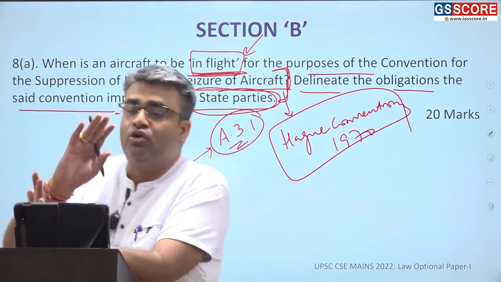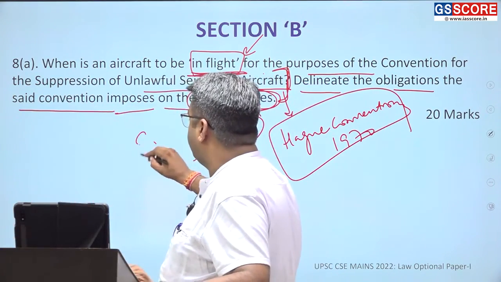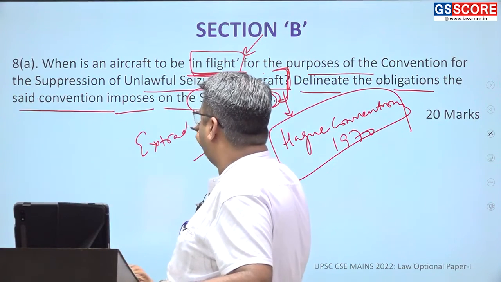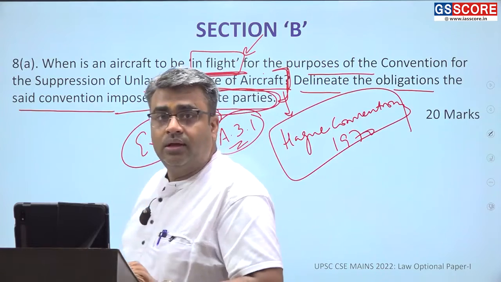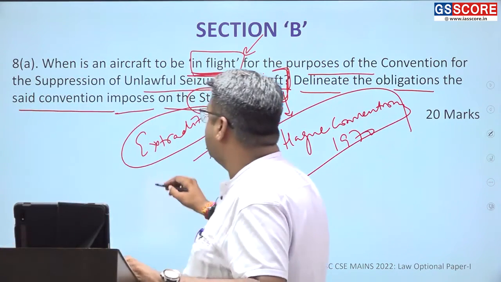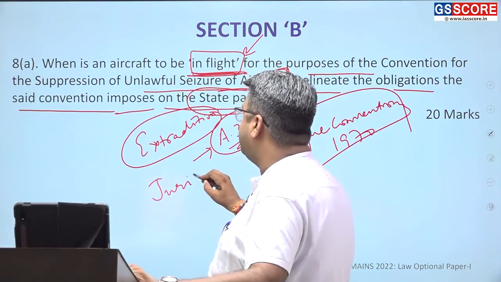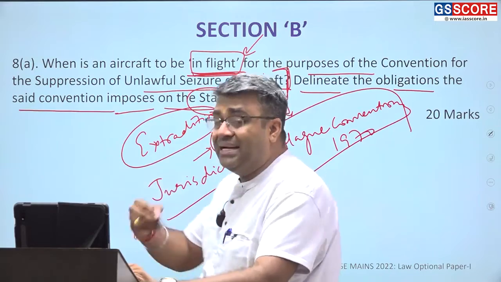These articles actually talk about, first of all, extradition. Like if the offender is caught, then what should be the process of extradition? It also talks about jurisdiction, like which state will have the jurisdiction over that criminal.